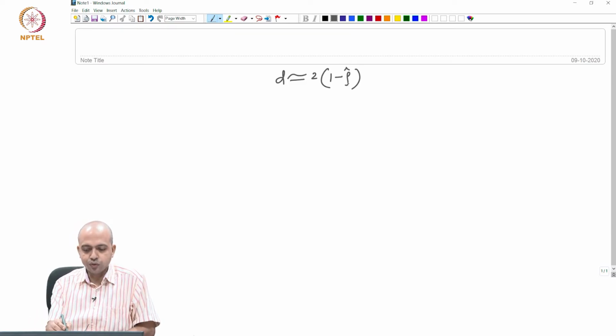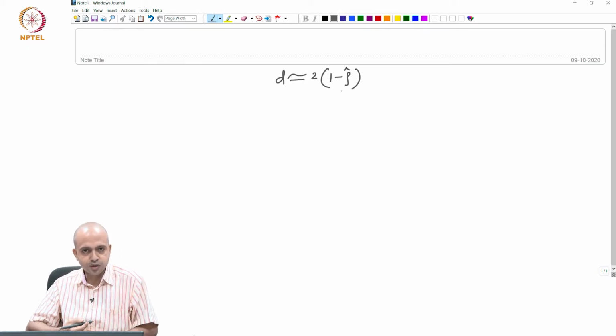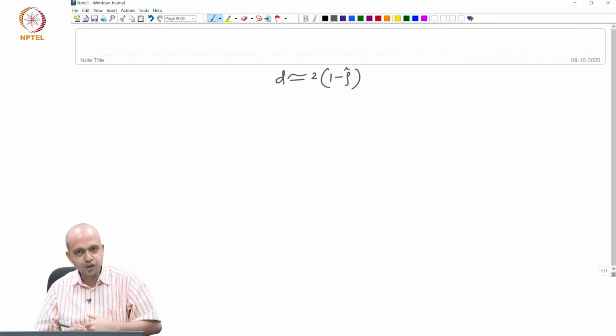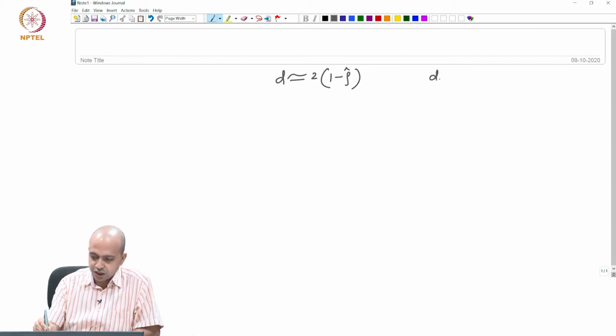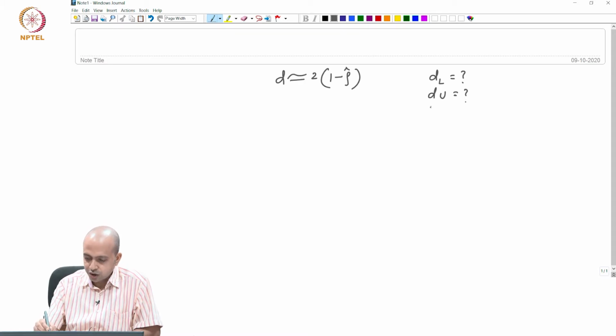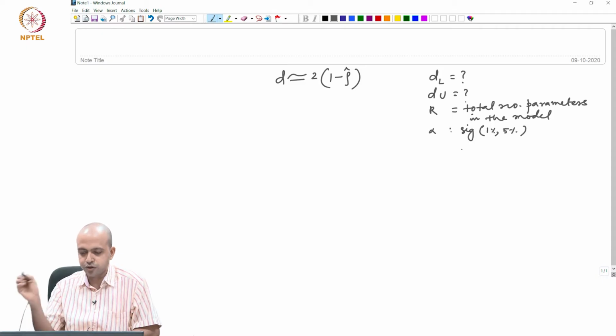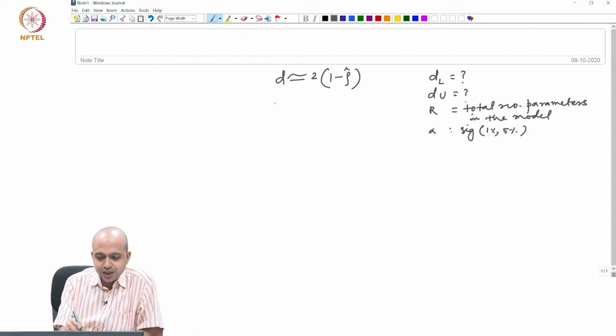So, depending on the value of rho hat, the autocorrelation between the error terms of two successive periods will give a value of D. And for a given level of significance, from the Durbin-Watson table you need to find out DL and DU, corresponding to K, the total number of parameters in the model, and a specific level of significance, 1%, 5% or 10%, whatever.